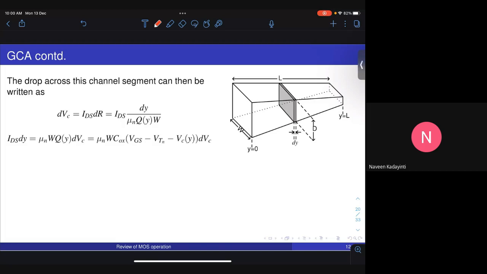So we can find an expression for the incremental drop across the channel segment. So what is the voltage drop across this segment?